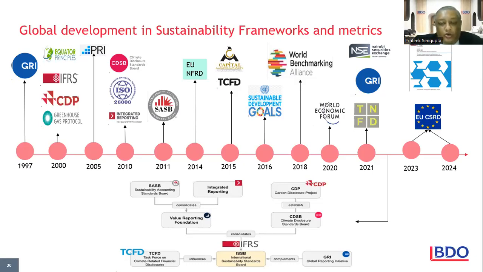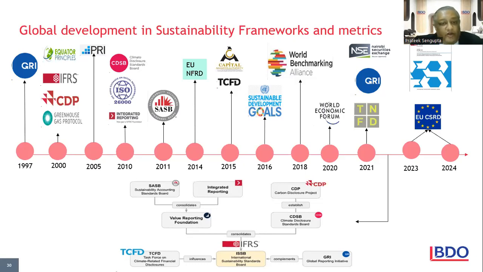In 2022, now what has happened is, of course, over the last 25 years, there have been so many independent frameworks and standards that have been developed. There was a need for some sort of consolidation because it was leading to a lot of confusion in the market. Investors, businesses, stakeholders are not really sure which ones to use, which ones to deploy, how to deploy them, how to interlink them.